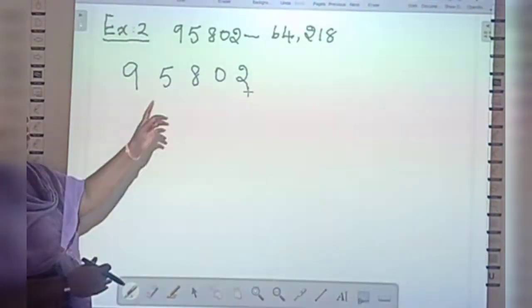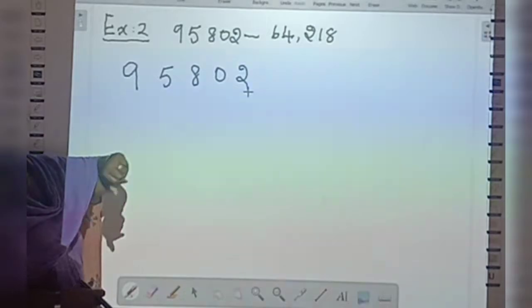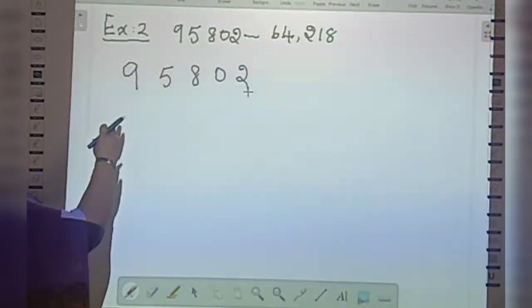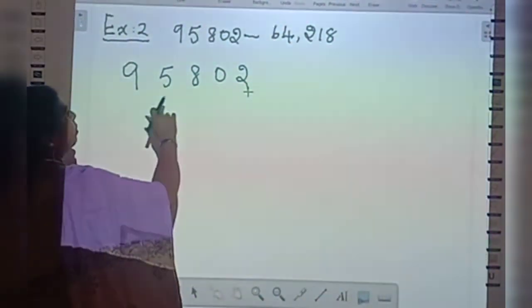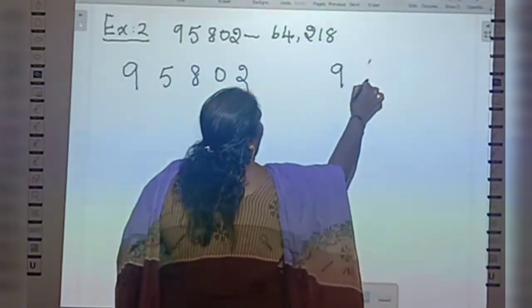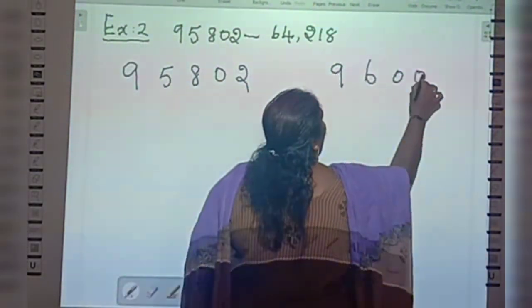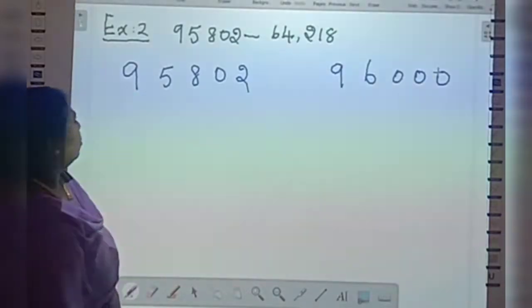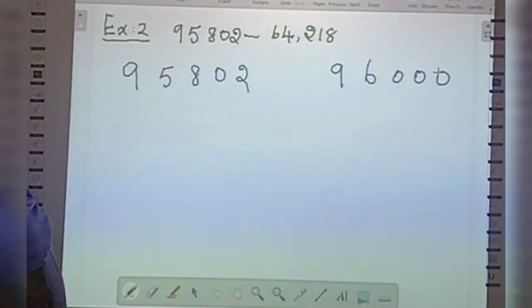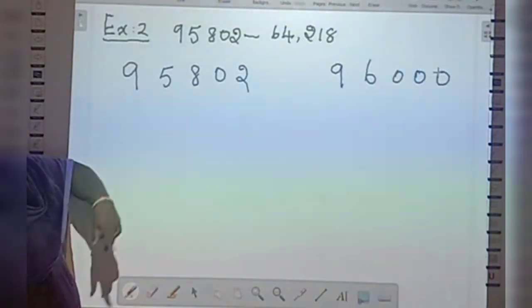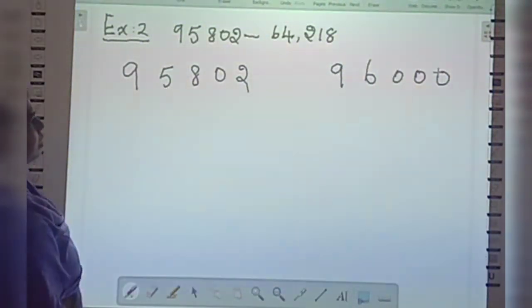Yes, 6,000 because this number is more than 5,500. That means it is closer to 6,000. Okay, that means 96,000. 95,802, estimated value is 96,000.